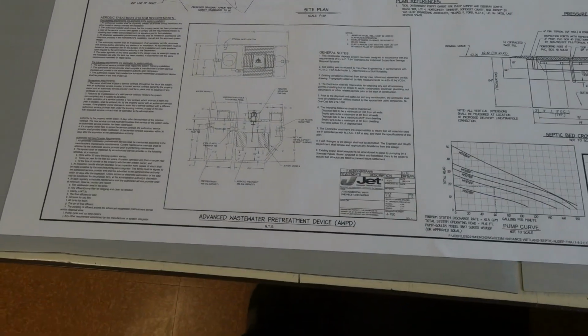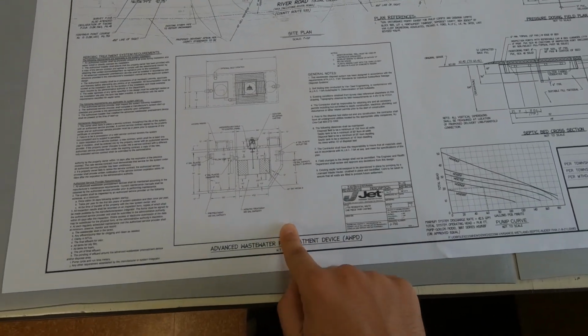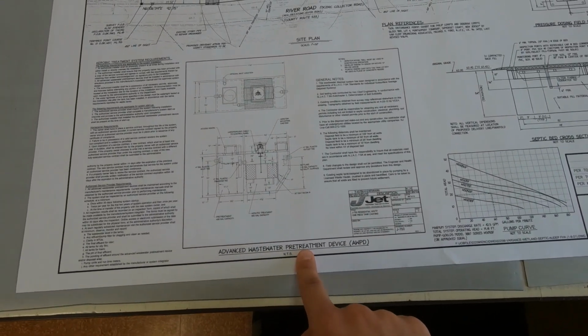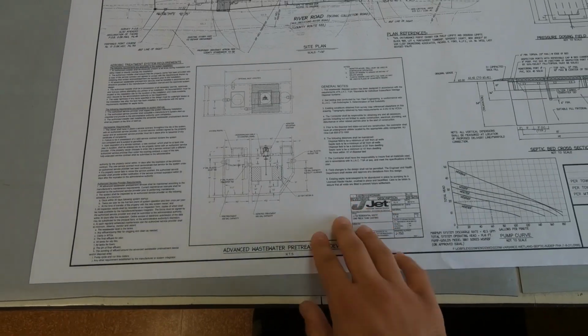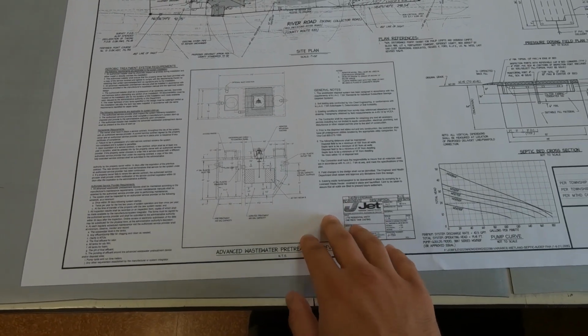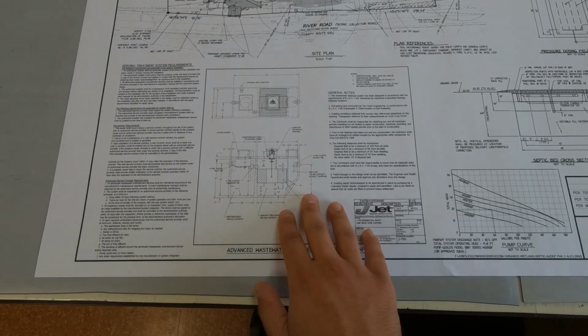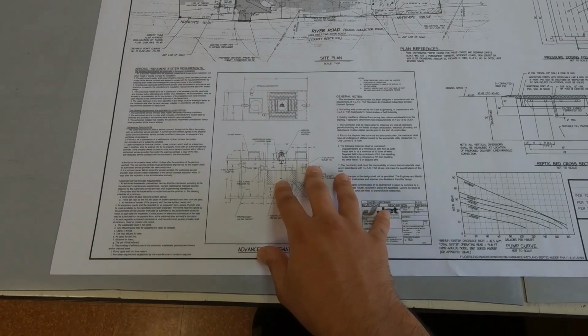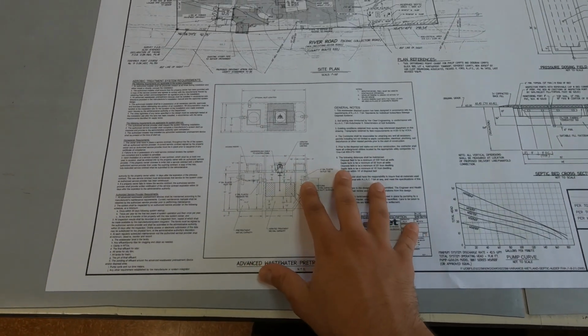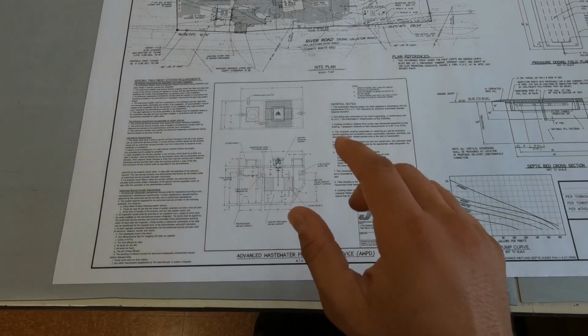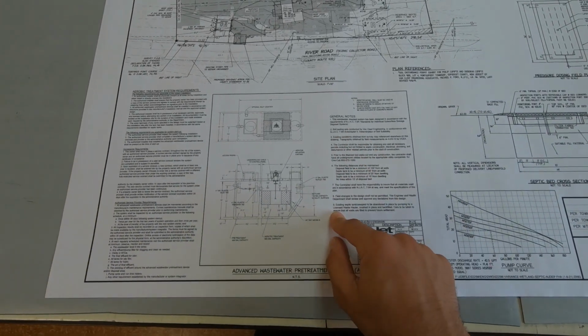Now, looking down here, you can see the detail for the advanced wastewater pretreatment device or the septic tank. Again, if they're not using advanced treatment, this would be a detail for the septic tank. One of the things that you want to verify for the septic tank is an effluent filter.